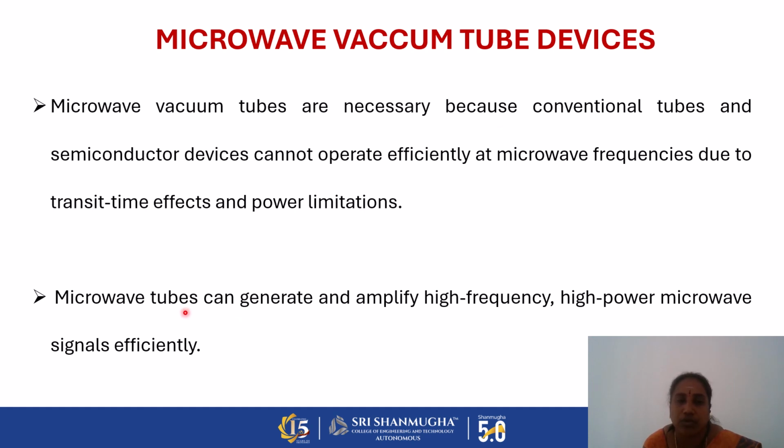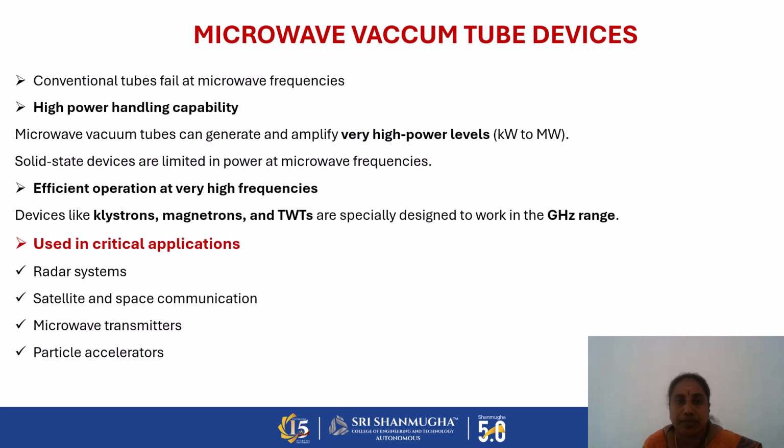Generally microwave tubes can generate and amplify the microwave signals, and they generate a high power level at the output. In general, compared to the low frequency ranges, microwave frequency always generates high power, with better efficiency.